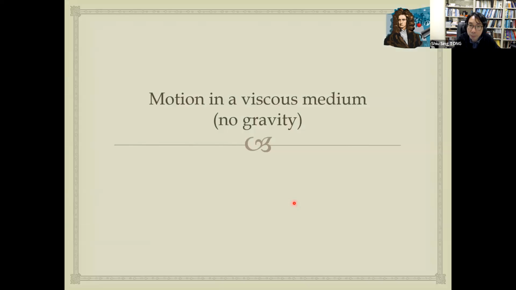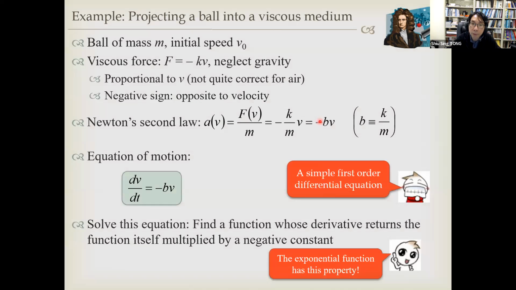Now let us discuss a simple example, a motion in a viscous medium with no gravity. Suppose I have a ball of mass m, and it is projected with initial speed v0 into a viscous medium. A viscous medium may be water, or maybe some honey, which is very viscous. You can imagine that if I project a ball into that medium, there would be a resistive force. I assume that the viscous force is given by minus kv.